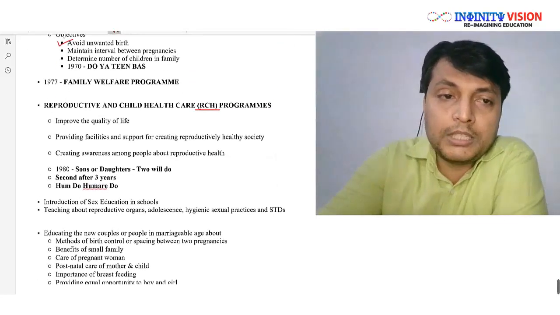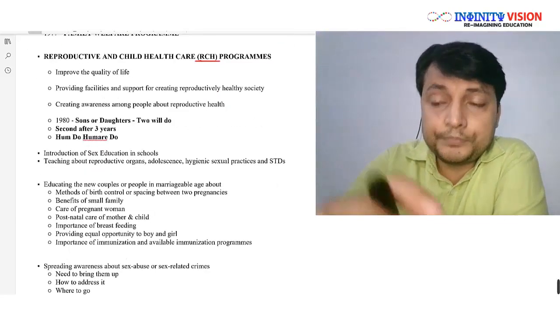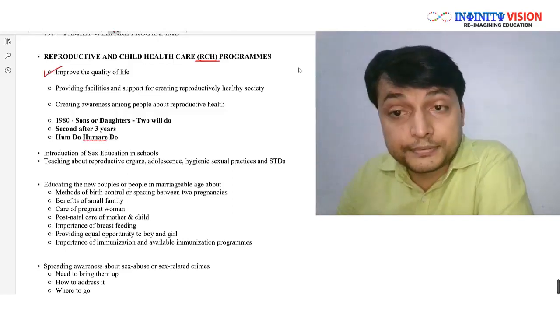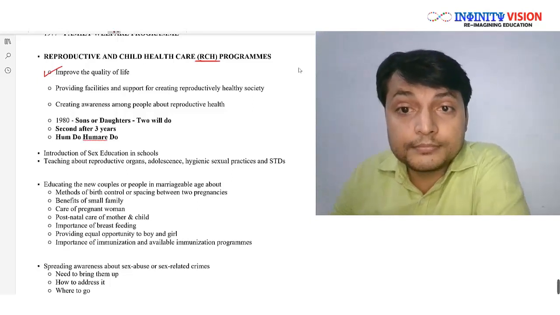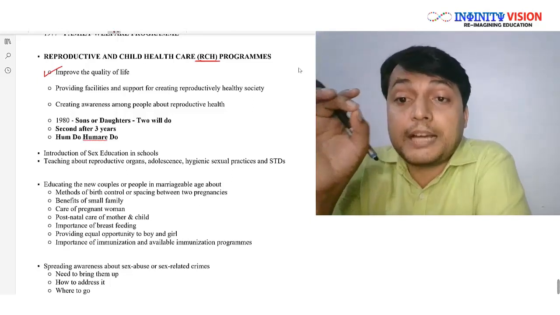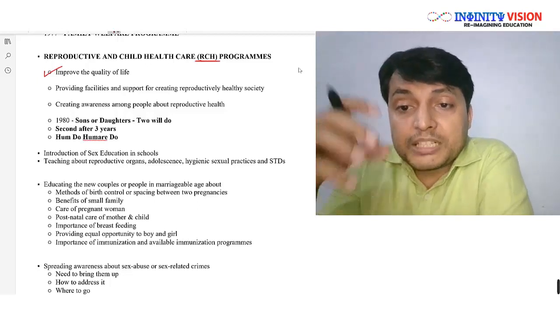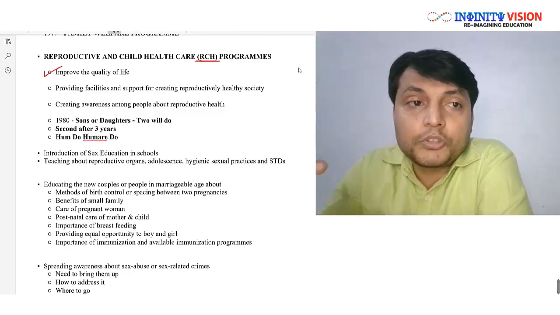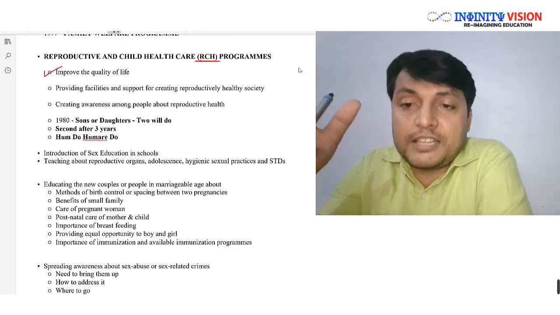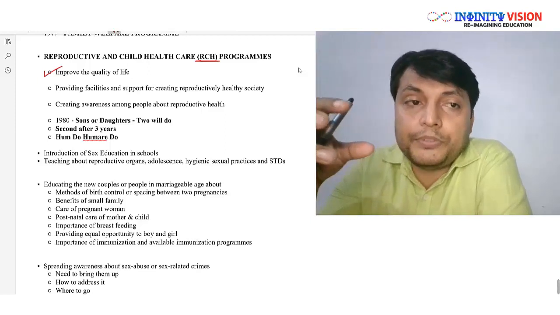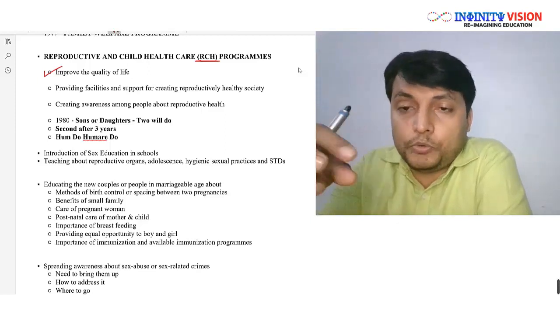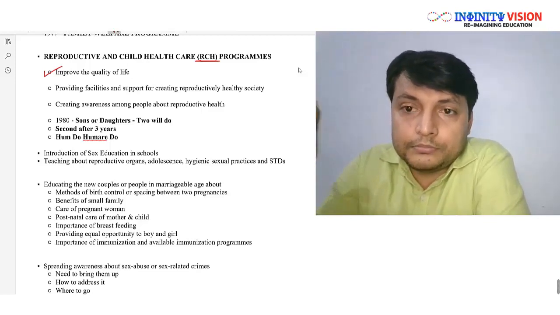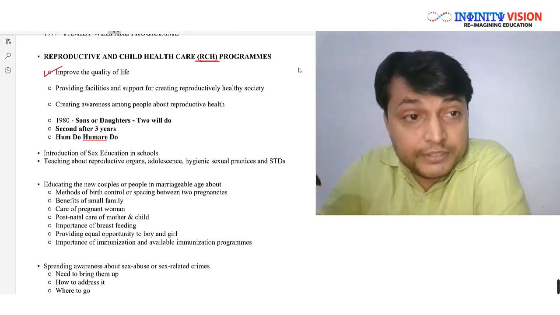ठीक है, तो इन programs में क्या देखा हमने, इनके जो objectives हैं अगर उसको हम देखें तो first objective is to improve the quality of life, है ना, quality of life of the entire family. ठीक है, क्योंकि बच्चे से या माँ से सिर्फ बच्चा और माँ नहीं, पूरी फैमिली अफेक्ट होती है ना, तो हमें पूरी फैमिली की क्वालिटी ऑफ लाइफ को इंप्रूव करना है, मेनली बाय इंप्रूविंग द क्वालिटी ऑफ लाइफ ऑफ द न्यूबॉर्न एंड द मदर और द प्रेग्नेंट वुमेन. ठीक है, तो this was first thing. How we achieve it?